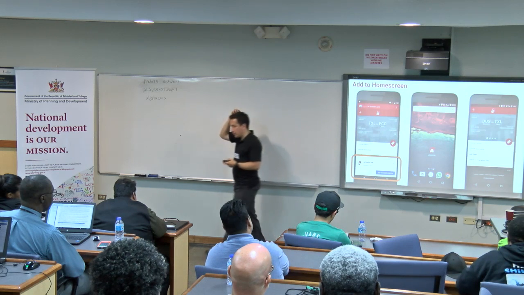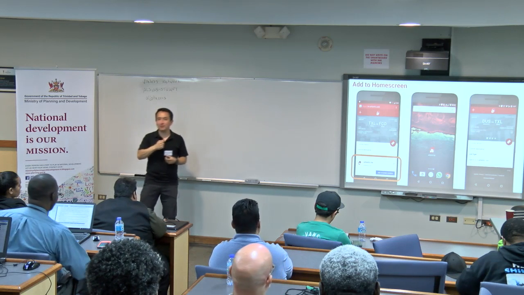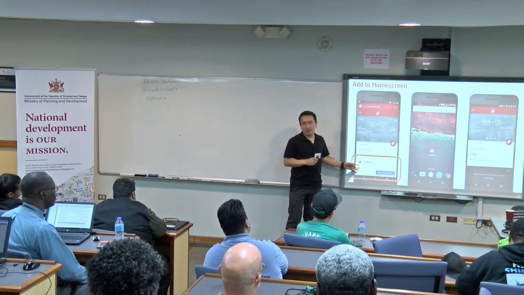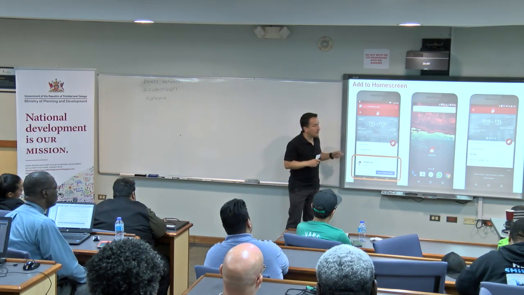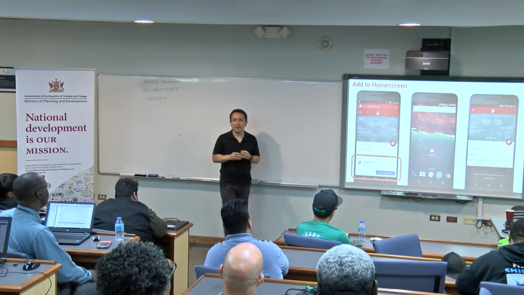Finally, the notifications, which is the retention. You want to get back the user to your app when you have something cool to show. I was telling you about the Air Berlin. There are two things that are going to happen automatically.